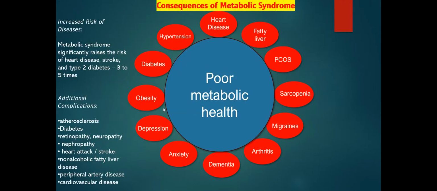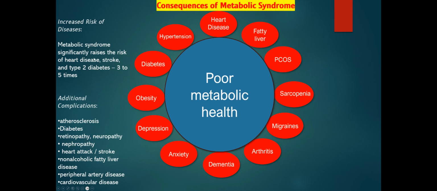Poor metabolic health is a consequence of metabolic syndrome that can lead to a myriad of complications, including heart disease, fatty liver, PCOS, muscle loss, which is sarcopenia, migraine headaches, arthritis, dementia, anxiety, depression, obesity, diabetes, and hypertension.